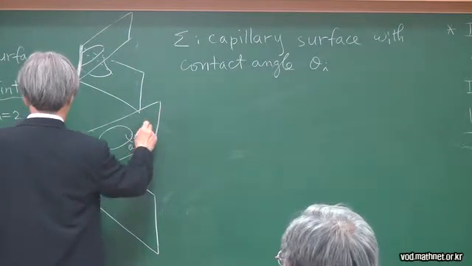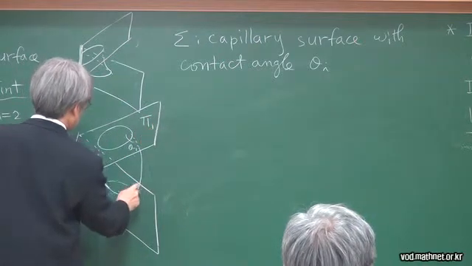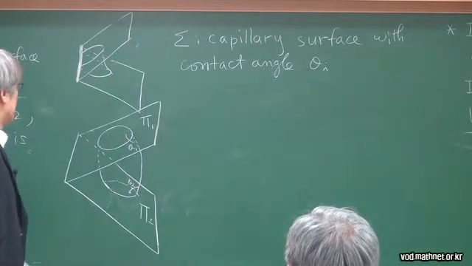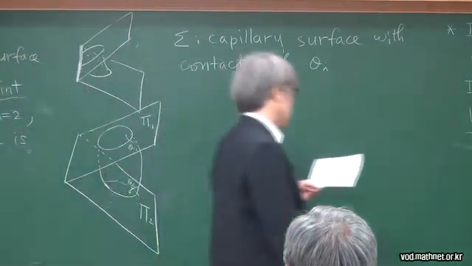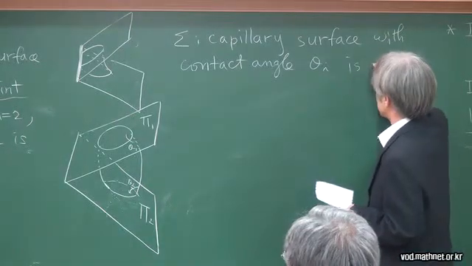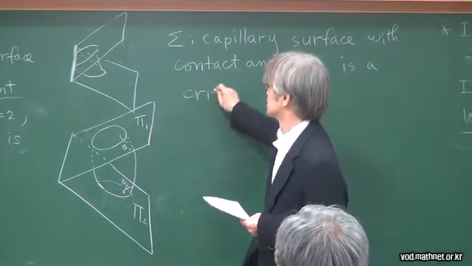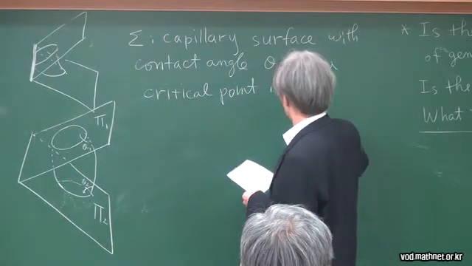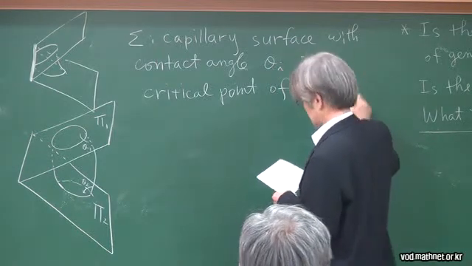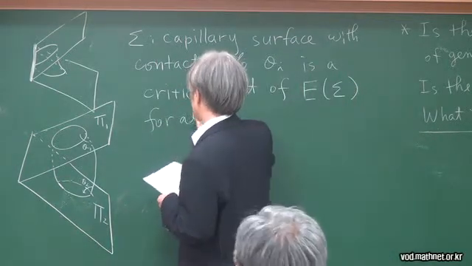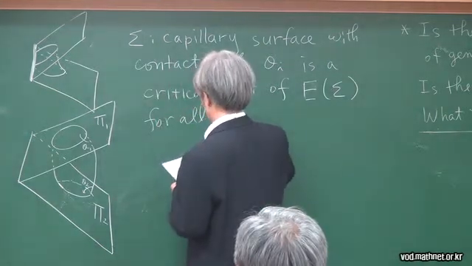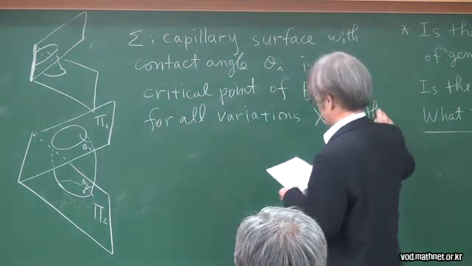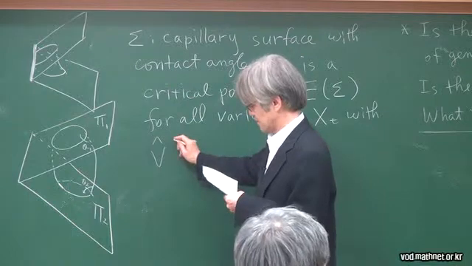A capillary surface is a critical point of the total energy for all variations with fixed enclosed volume.